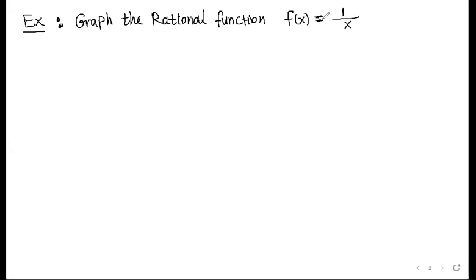So this is a rational function, polynomial over polynomial. So the question is graph this function and find the domain for this function and find the range.